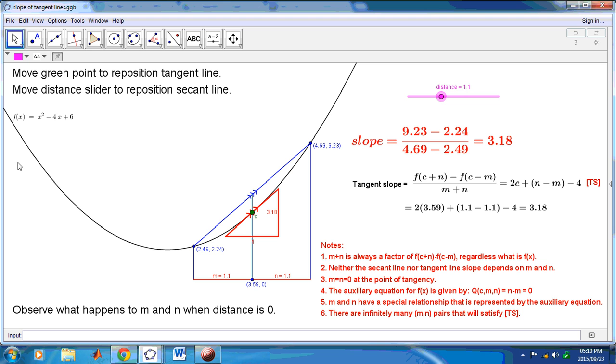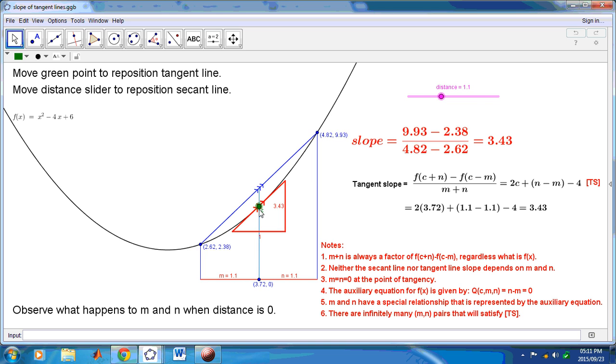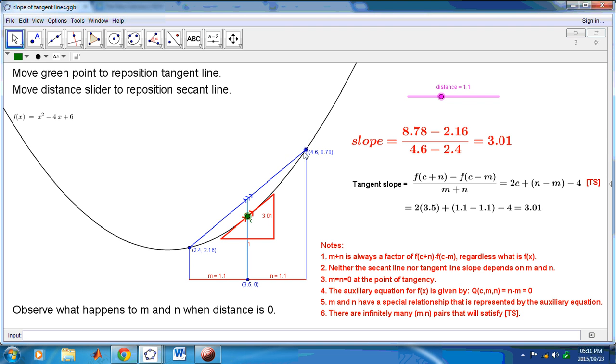Okay, here you see a parabola, and what you have here is the point of tangency and the parallel secant. This is the parallel secant and the tangent line here. All you really have is the rise, which is 3.01 divided by 1, and that gives you the slope.